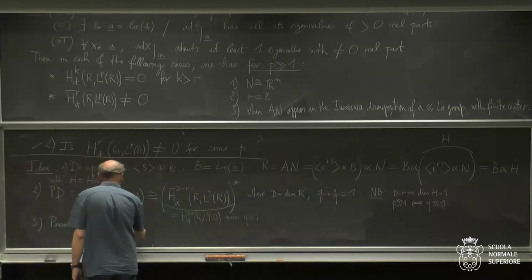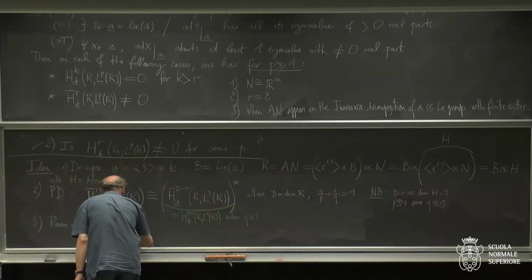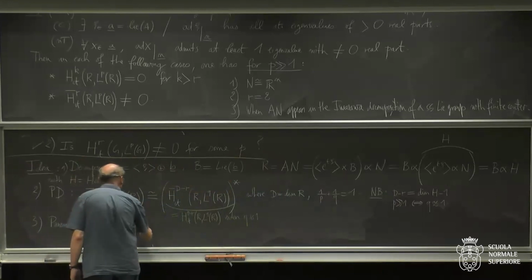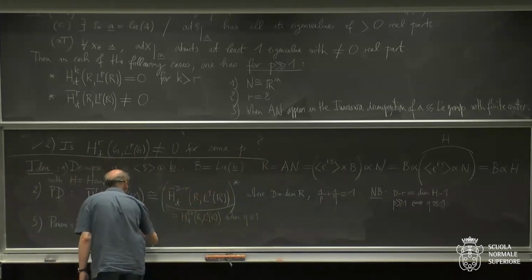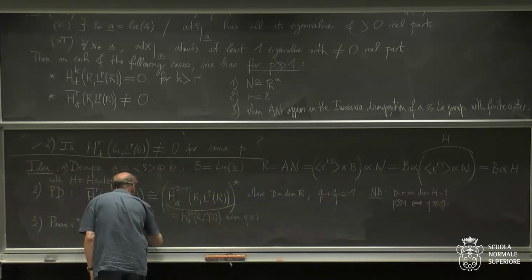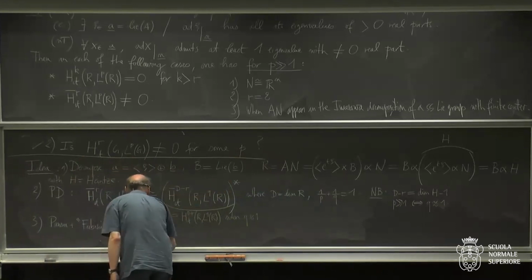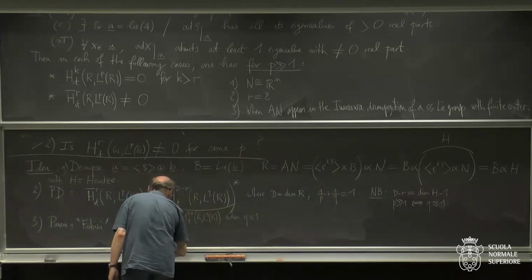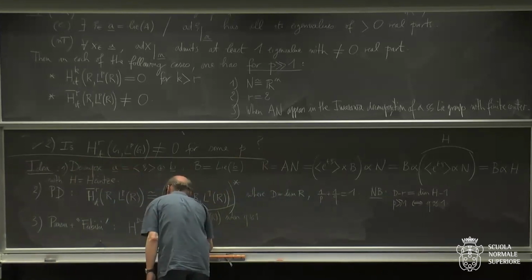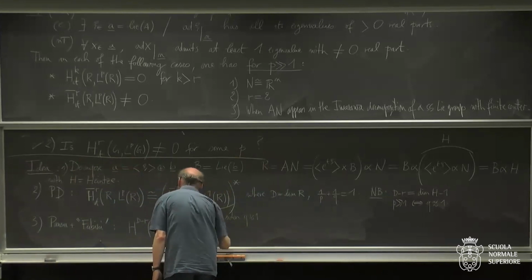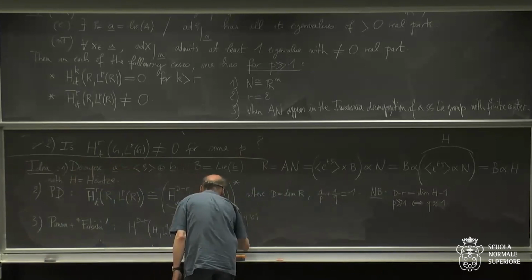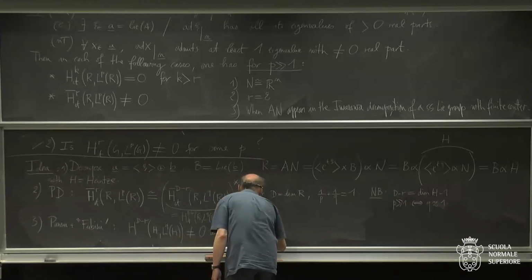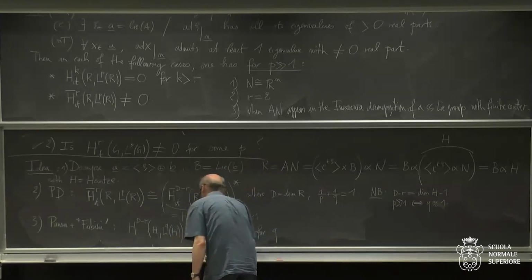And what he has proved is that in dimension d minus r, the cohomology of H is non-zero and Hausdorff for q close to 1.